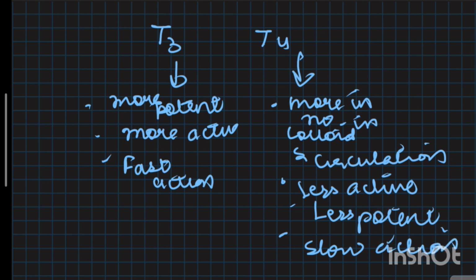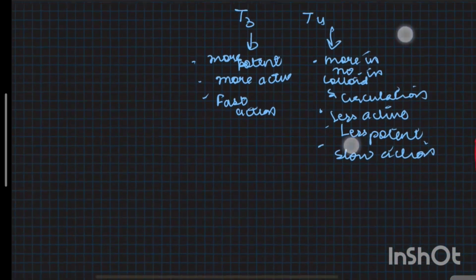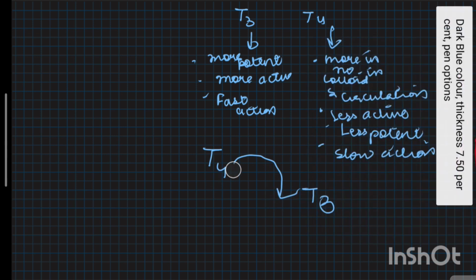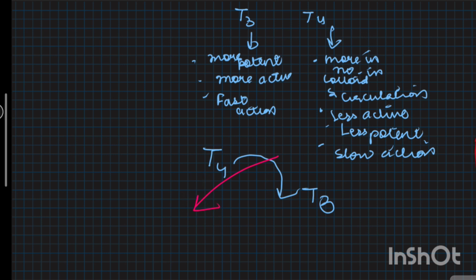So T4 has to convert to T3. This occurs due to 5-deiodinase. This basic physiology is important to remember.